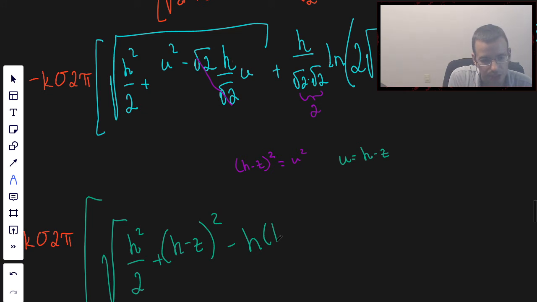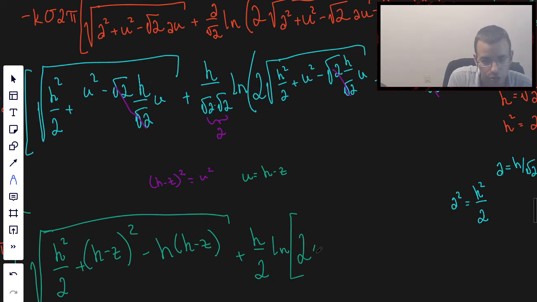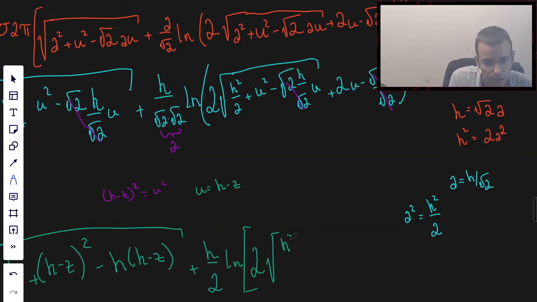h times h minus z, boom, plus h over 2 natural log of 2 square root of h squared over 2 plus h minus z squared minus h times h minus z.